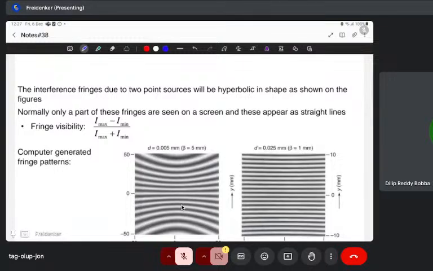Fringe visibility. This reminds me of the ratio of electric field amplitudes. It was something like n1 minus n2, but I don't think there is any relation. It's just there. Fine. Fringe visibility. So what does it mean?